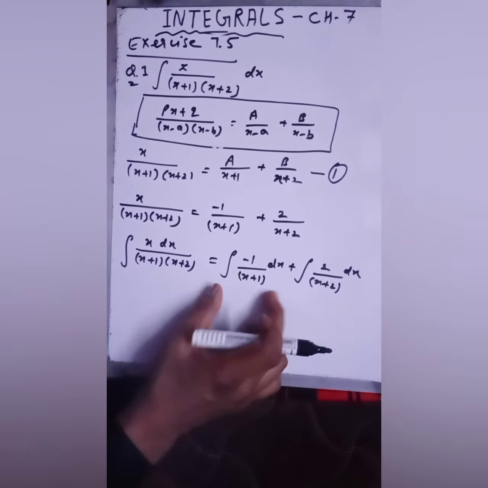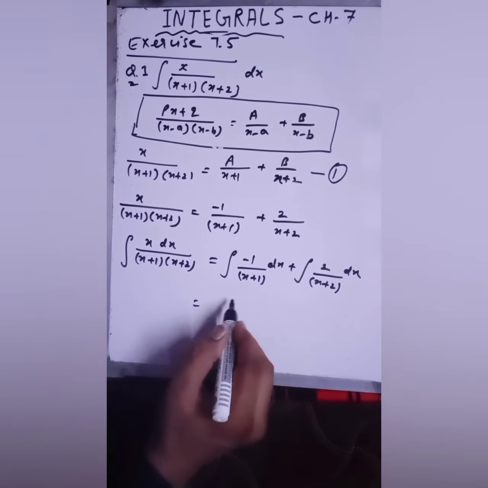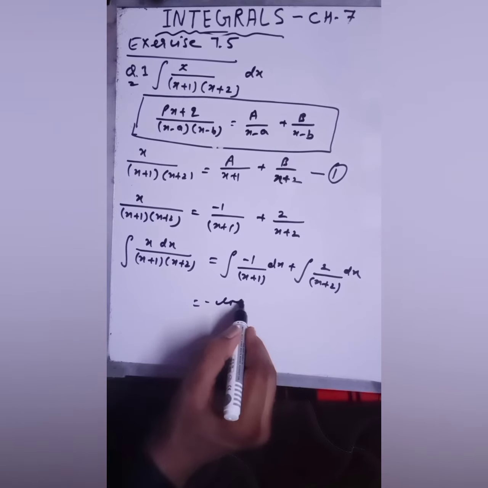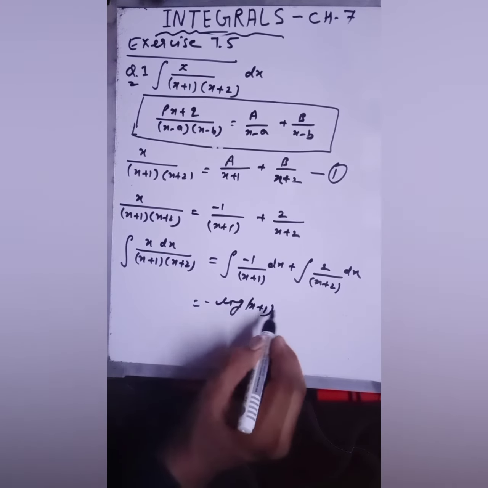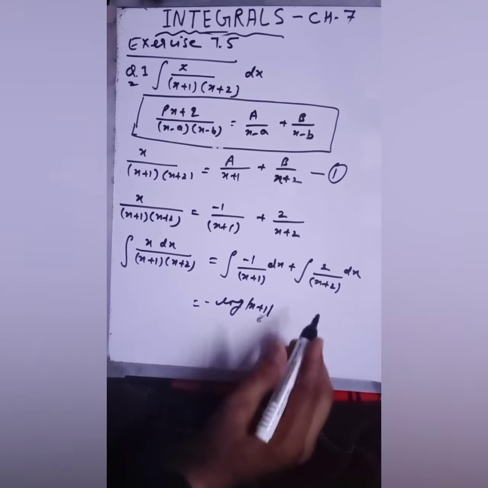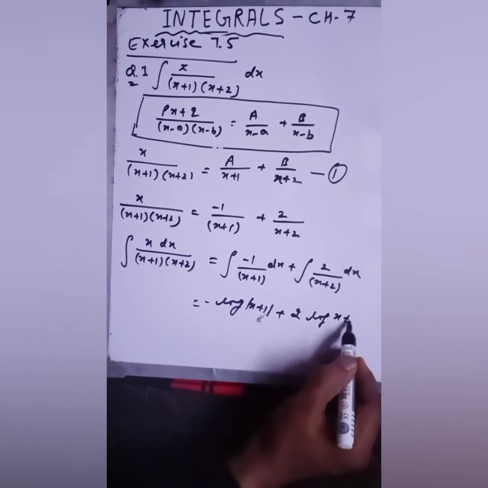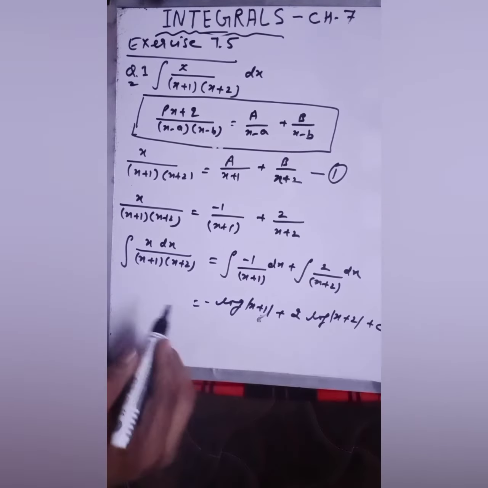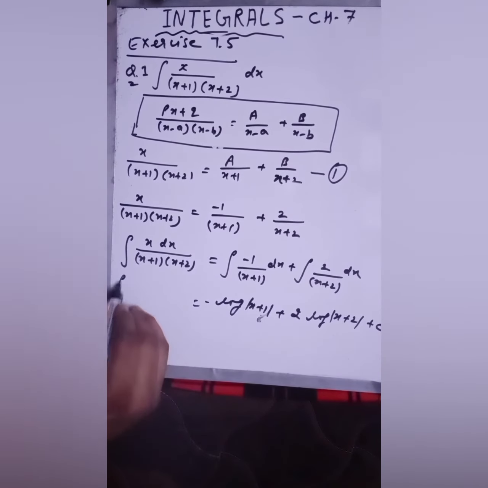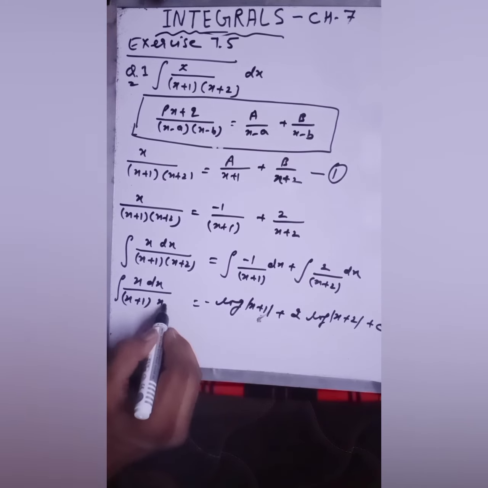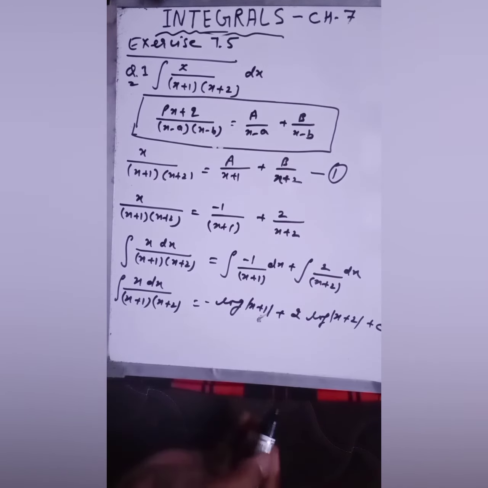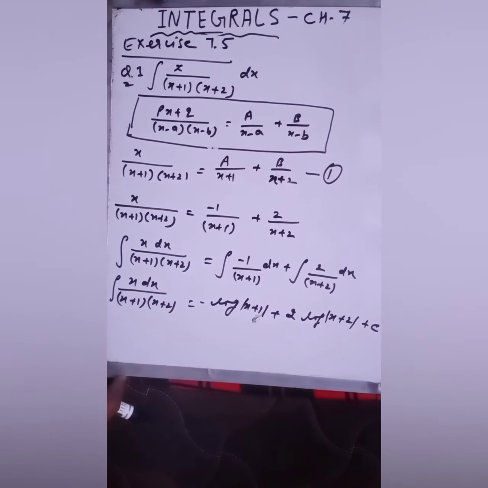Now as you know, the integration of this would be log(x + 1), plus 2 will come outside, integration of this would be log(x + 2) + c. Fine. So this is the required integral of question number 1. Okay, so this is how we can solve question number 1 of this exercise. Got it?